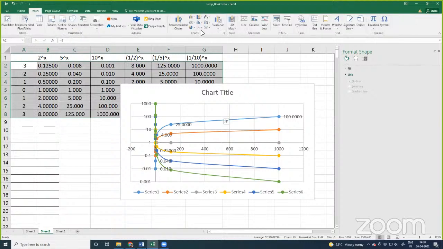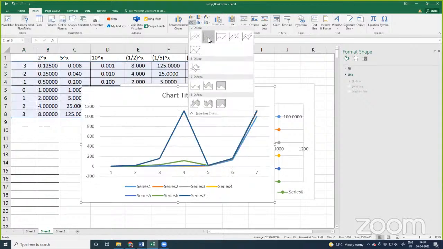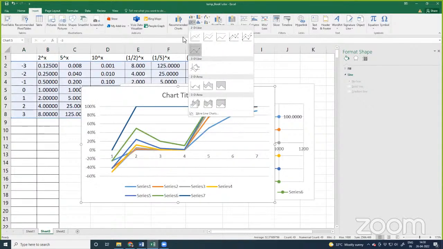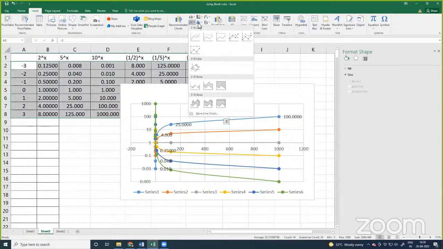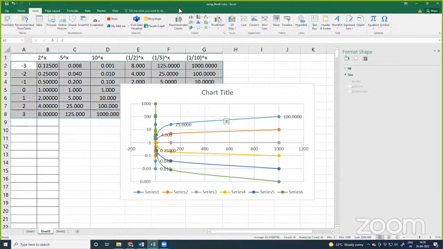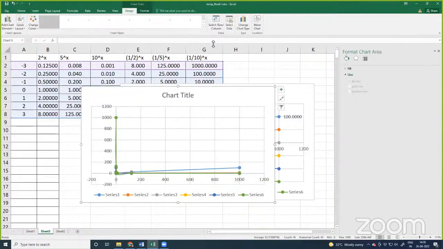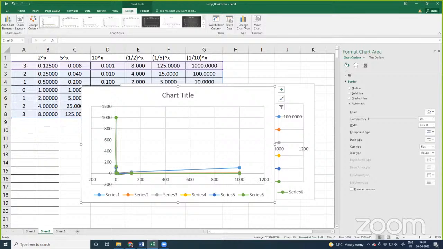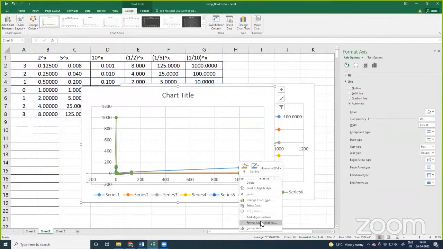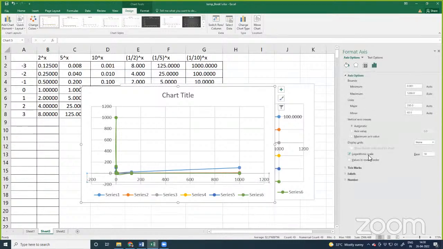Insert, plot, scatter, add, format axis, logarithmic values.